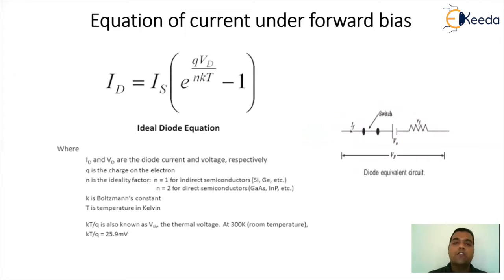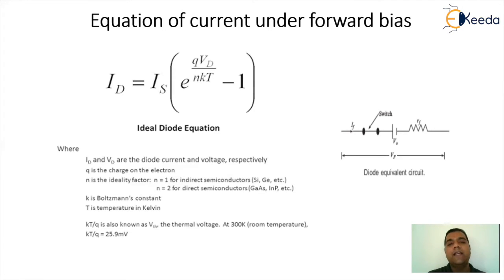Now we're talking about the equation of the diode under forward bias. The equation can be defined as ID is equal to IS times e raised to QVD by nu KT, minus 1, where IS is the reverse saturation current, Q is the value of charge, VD is the forward voltage drop across the diode, K is Boltzmann's constant, and T is the temperature in degrees Kelvin.